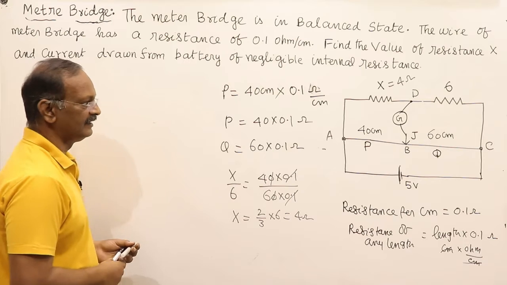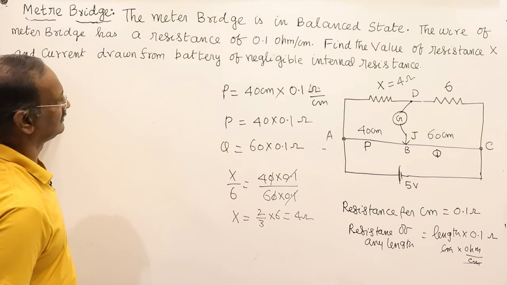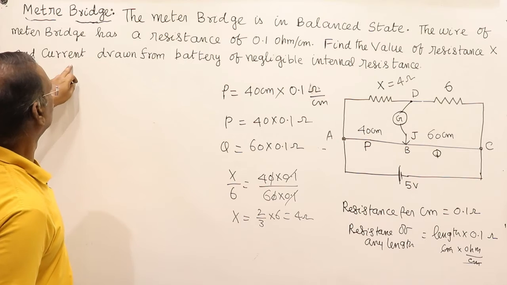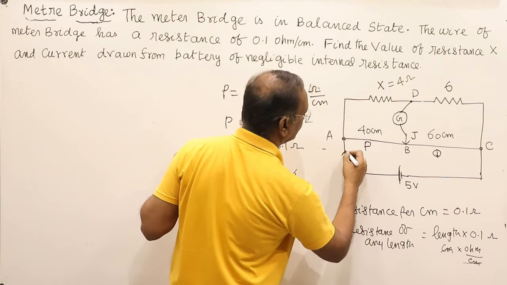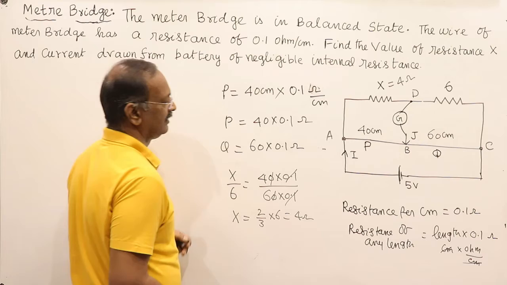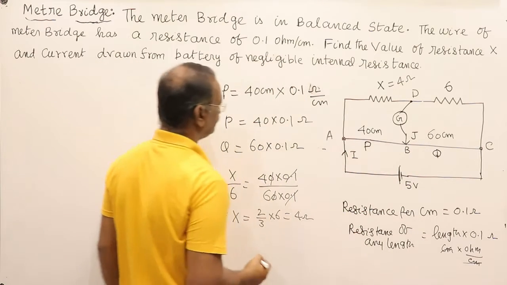Now the given condition: find the value of resistance X. So the resistance we have found is 4 ohm, and now the current drawn from the battery I. What is the resistance of the wire AC?